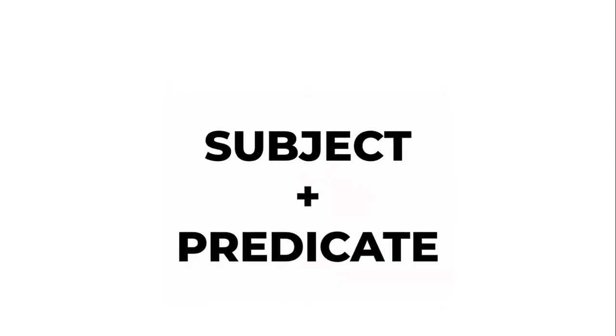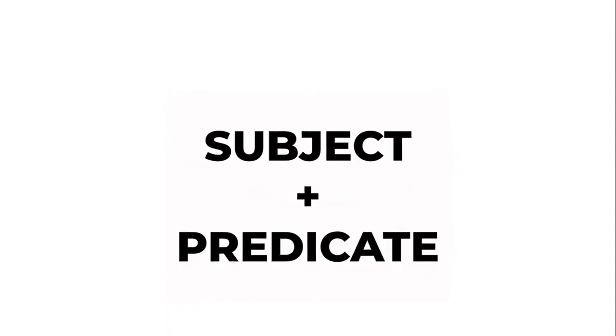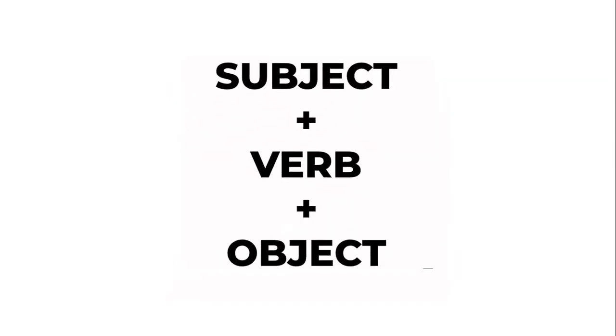But what was our predicate? Sat in the lounge. Sat is a verb and lounge is our object. So we further divided our predicate into verb plus object. Verb is something where the subject is doing some action and the object is receiving that action, right?